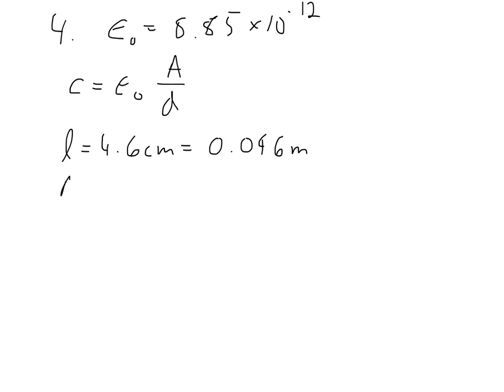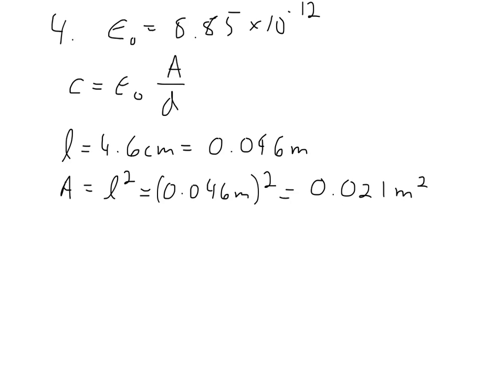So we can find our area, which equals our length squared, so 0.046 meters squared, and that equals 0.0021 meters squared. And then our distance between the plates is equal to 8.1 millimeters, that equals 0.0081 meters.